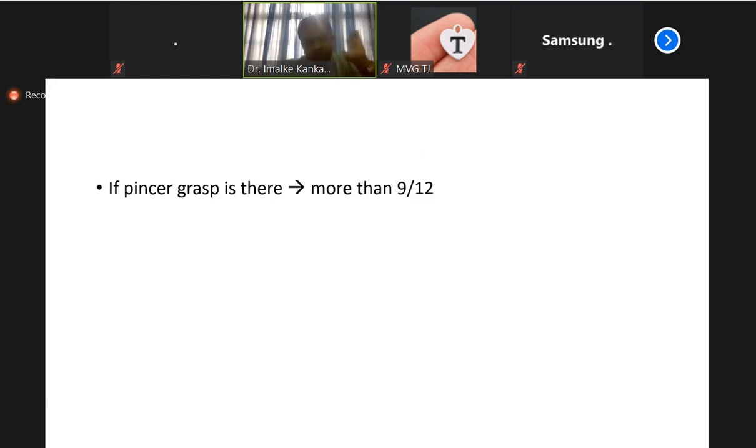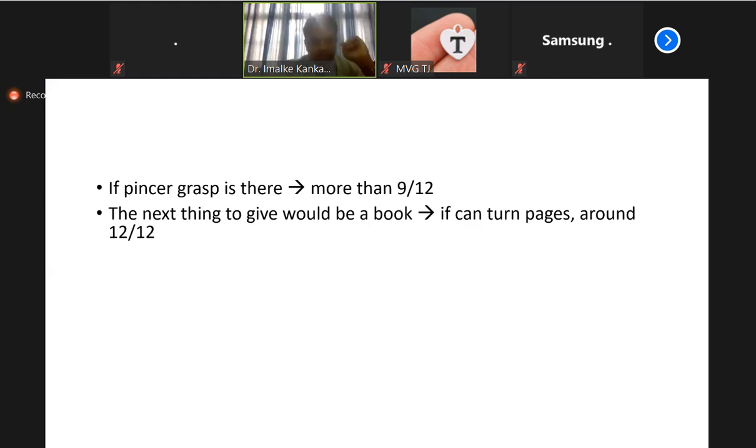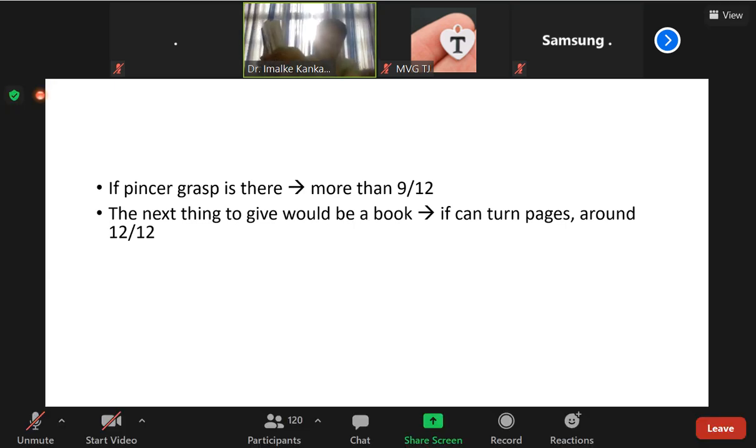Okay, now if pincer grasp is there, it's more than 9 months. The next thing would be to give a book or a crayon. In Illustrated, it says crayon, but I would advise you to give a book. Book means the pages should not be thin like this.